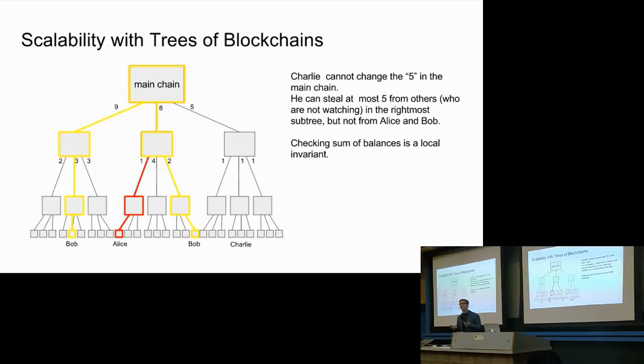People can create an arbitrary amount of tokens, but only up to a certain point, and only if nobody is watching. Yes, and this is something that scalable smart contracts have to do. If you want to write a scalable smart contract that runs in such a plasma system, you have to convert global invariants into local invariants.